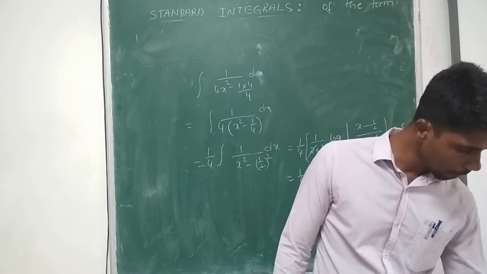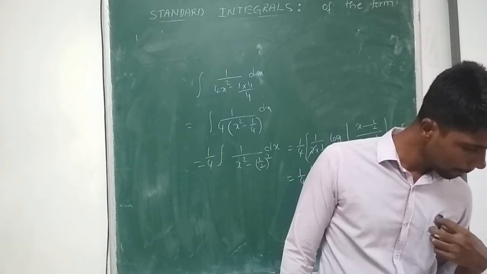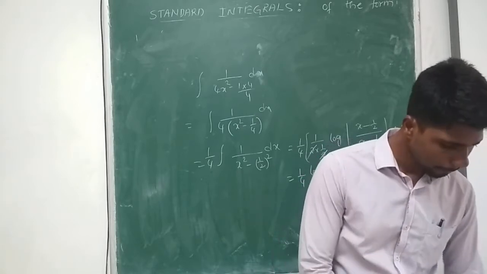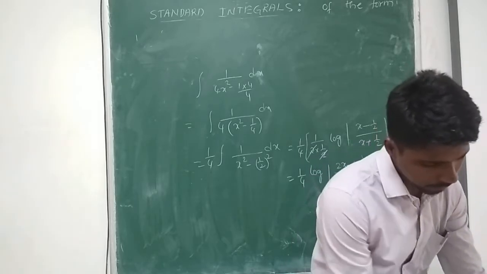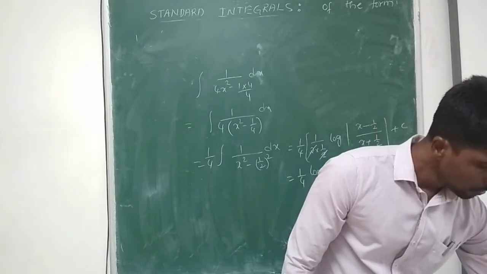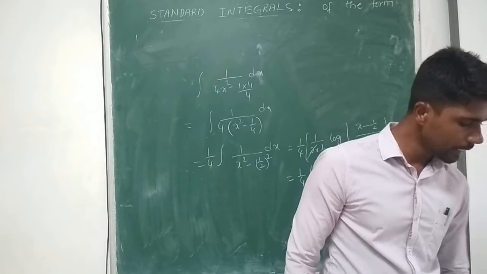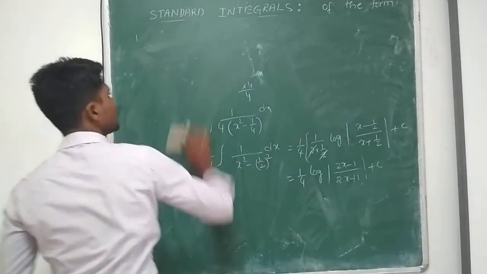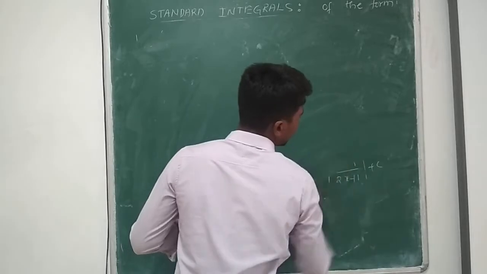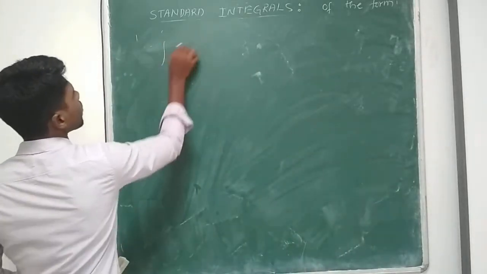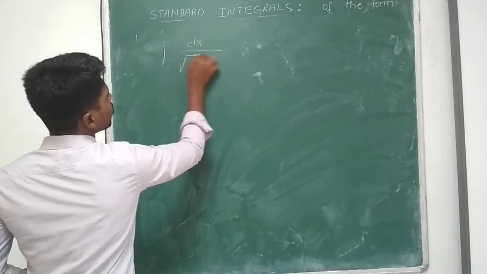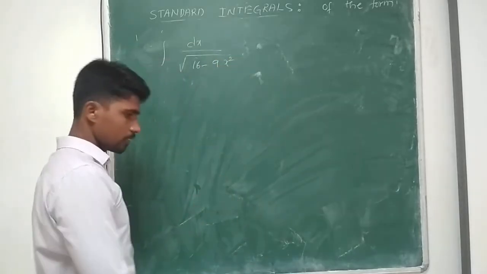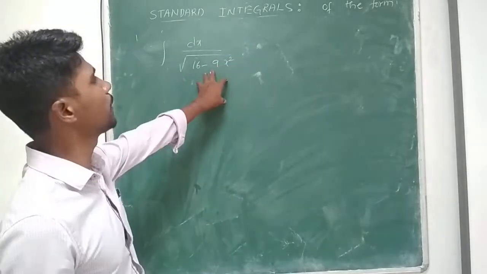Problem number 1. Integral dx by root over 16 minus 9x square. Remember, the x square quotient must always be 1.